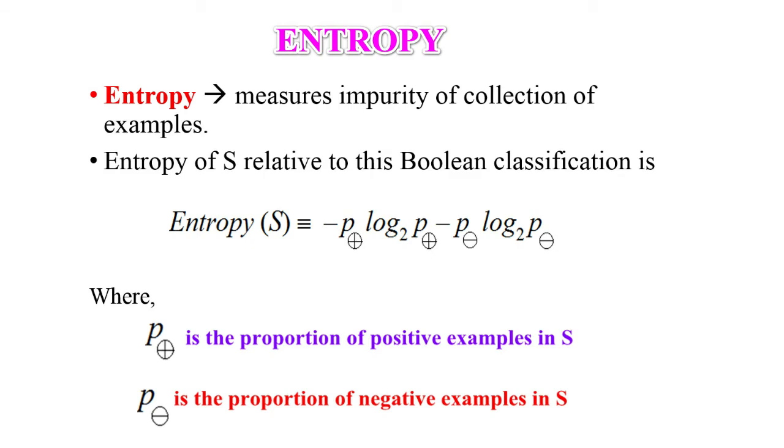ID3 algorithm uses entropy to calculate the homogeneity of a sample. If the sample is completely homogeneous, the entropy is zero, and if the sample is equally divided, it has entropy of 1. Entropy is measured between 0 and 1.